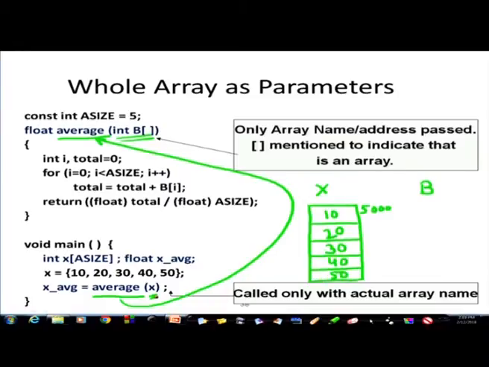Now, when this x is passed to B, this function knows that B is an array, and this 5000 is passed to B. So, now B knows where x is. B is the same array.